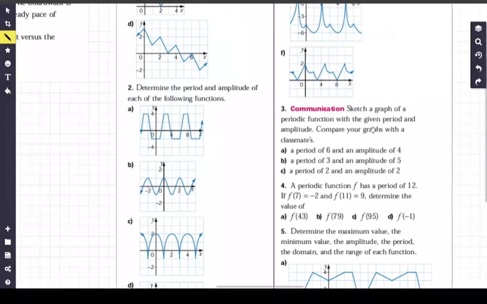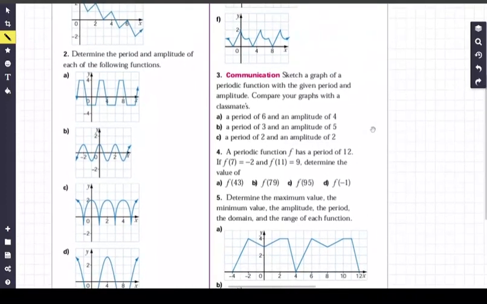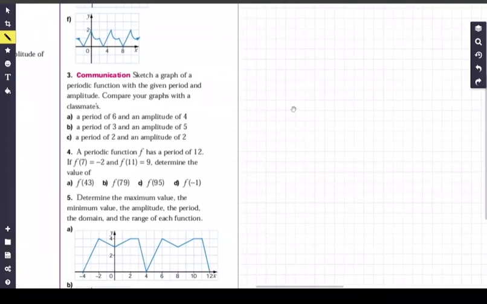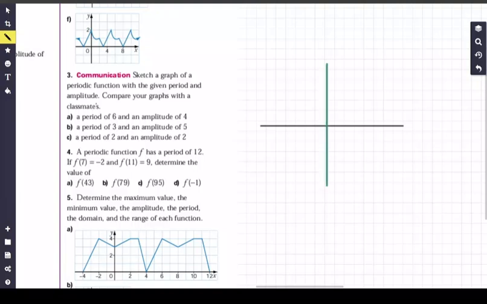Let's do communication. Okay, so I'm just going to do a simple basic graph. 6, -6, 12, and our amplitude is 4. So let's just do this. Okay, I'm trying to draw better.